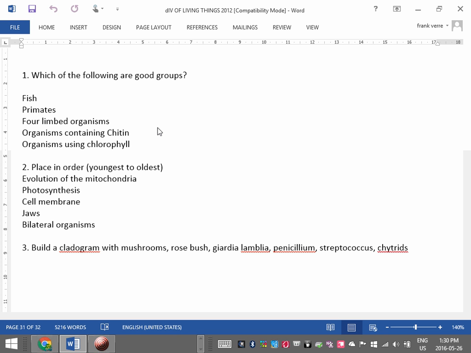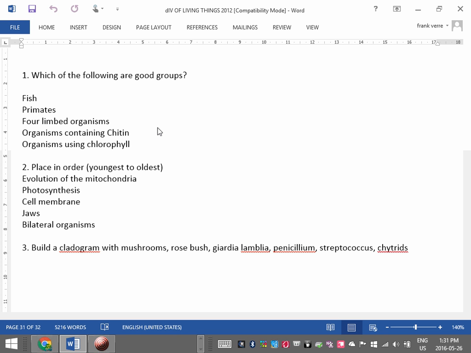For example, mammals are a good monophyletic group because any mammal should be more like any other mammal than it should be like something that's not a mammal. So if I give you a bear, a human and a lizard, the bear and the human should be more like each other. Anything in that group should be more like each other. That's a good group.